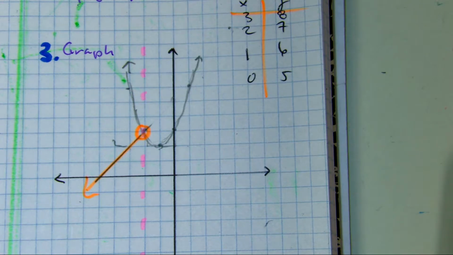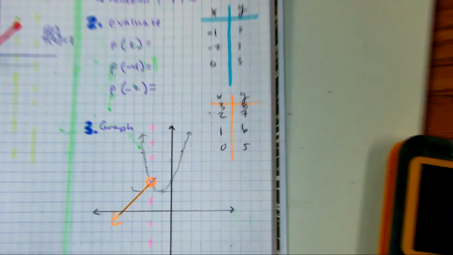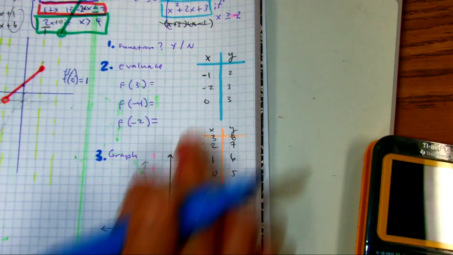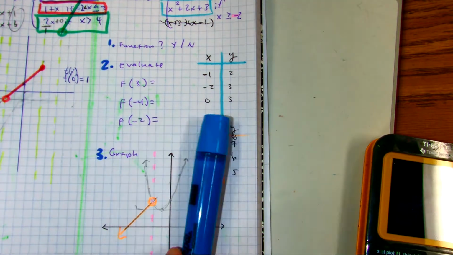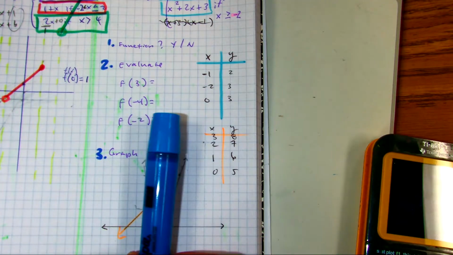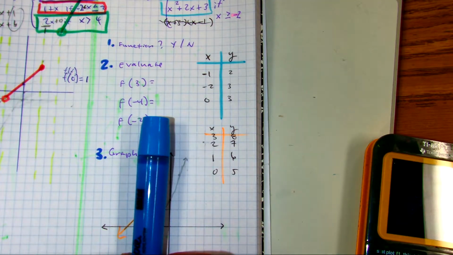Kiana, open or closed circle? How did you know that? Equals. Okay. Do I graph to the left or to the right of the boundary? To the right is correct.